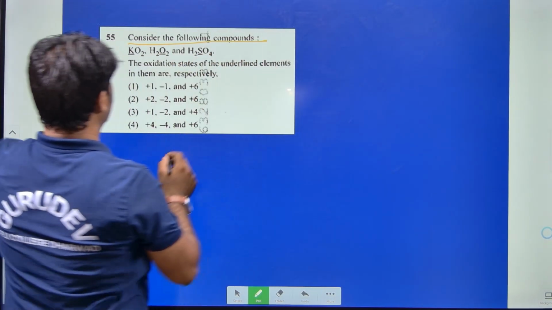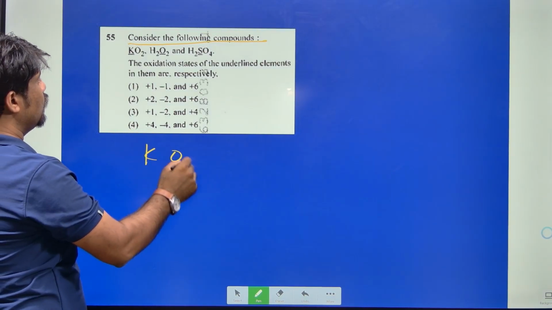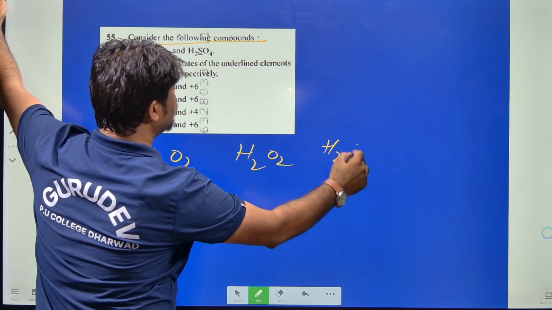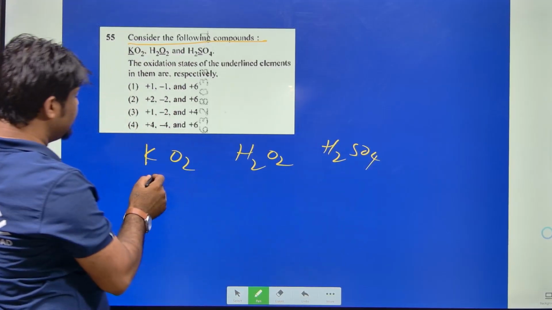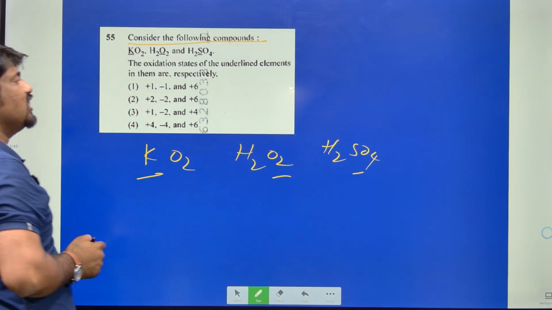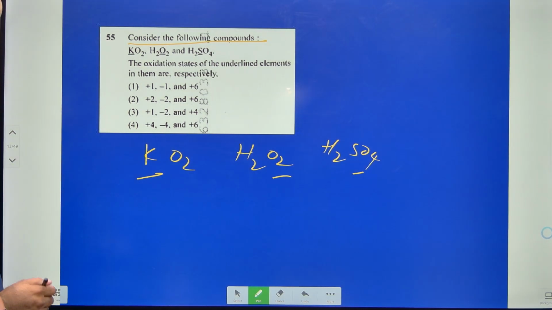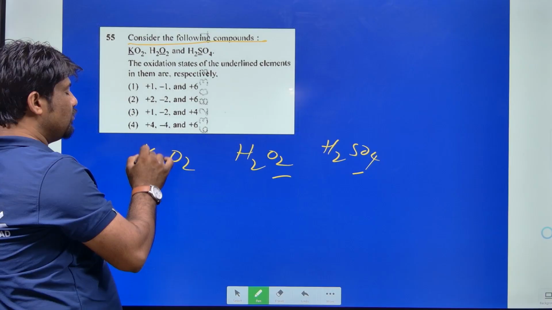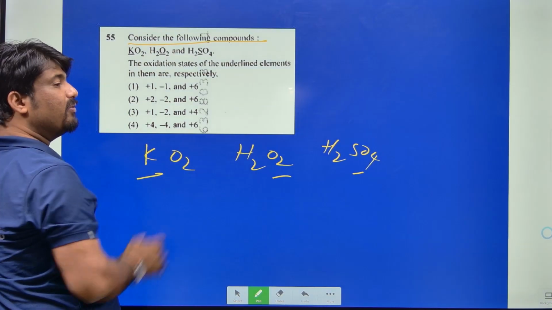Consider the following compounds: KO2, H2O2, and last is H2SO4. Here the K is underlined, here O is underlined, here S is underlined. The oxidation states of the underlined elements in them are respectively. Here, KO2 is an example of superoxide.